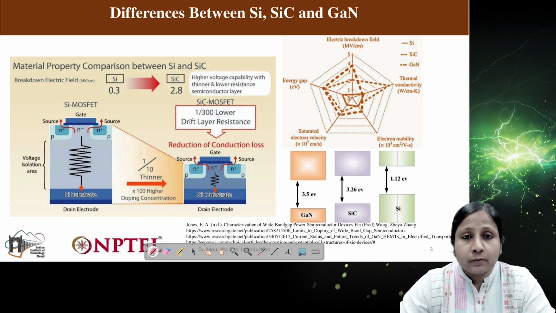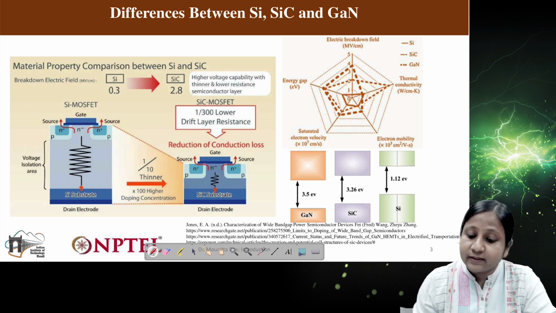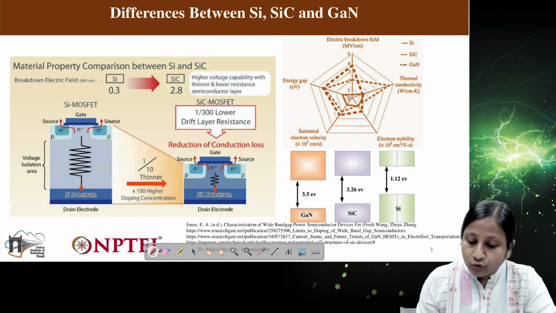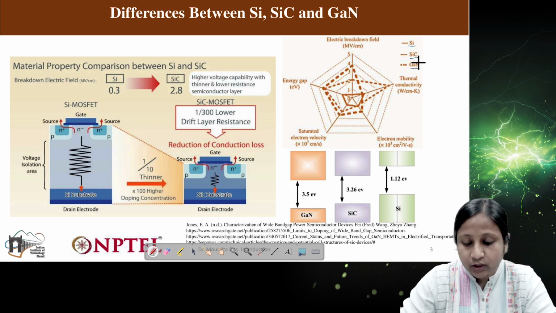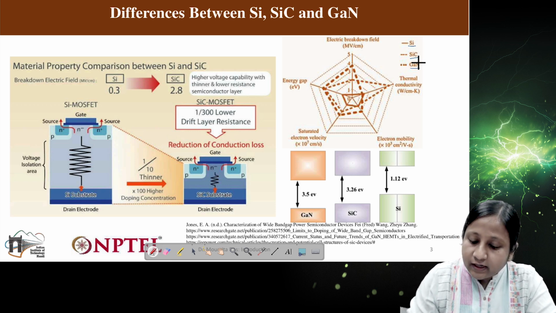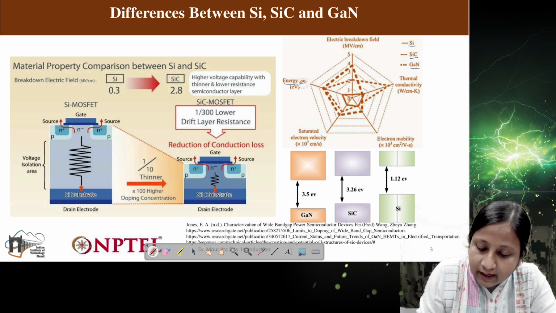Some of you have probably heard about silicon carbide and gallium nitride, and they are known as wide bandgap devices. In this graph, I have provided a comparison between silicon, silicon carbide and GaN with respect to the energy gap.